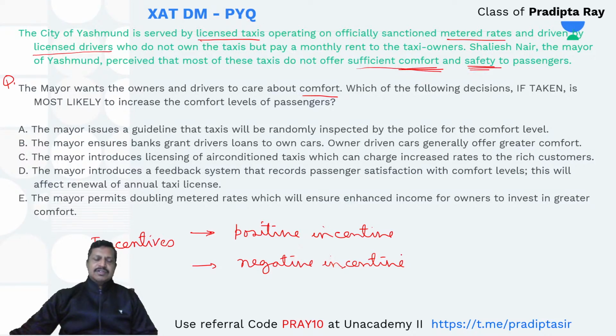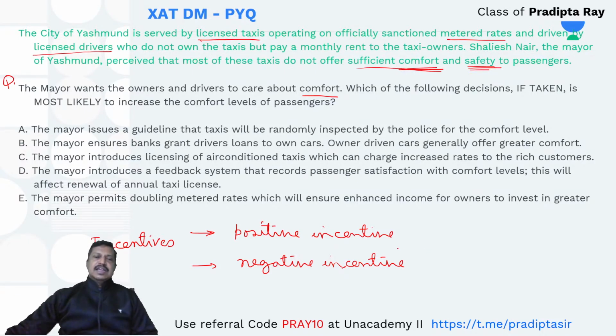Now, the other way around, if you look at negative incentive, it is something like this. If you win, nothing is given. If you lose, then from your salary, say 2 lakh rupees will be subtracted. So this is a negative incentive. Now, you can understand this very clearly if you see in an office.